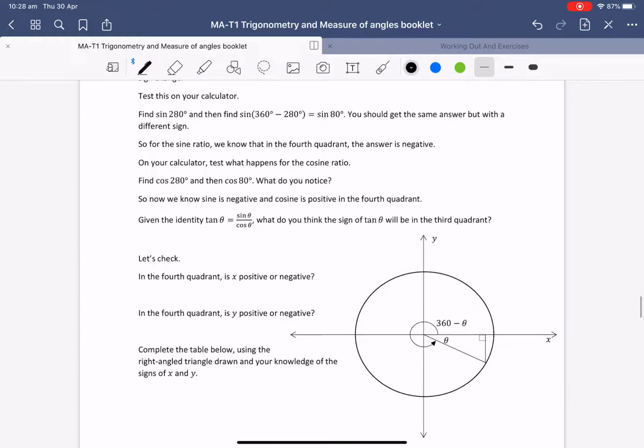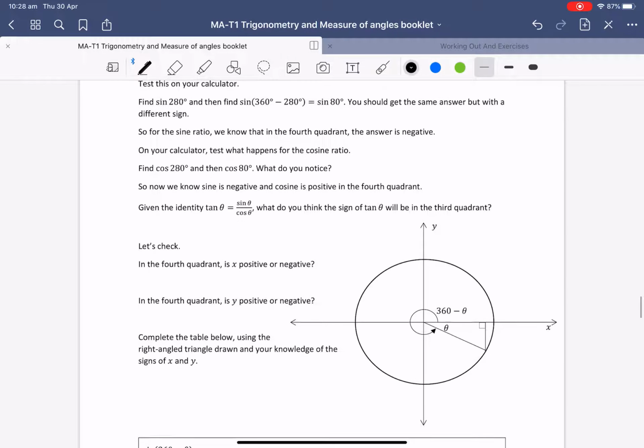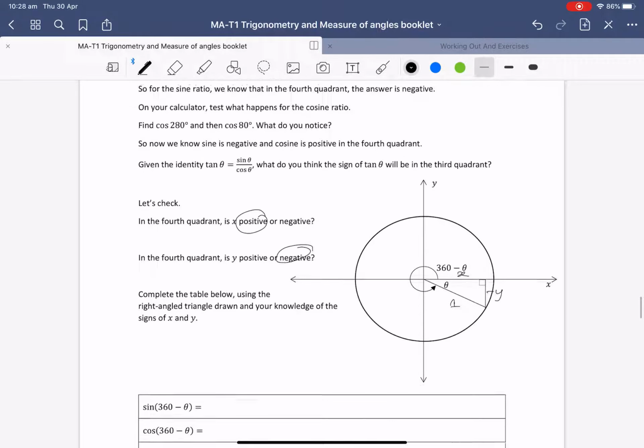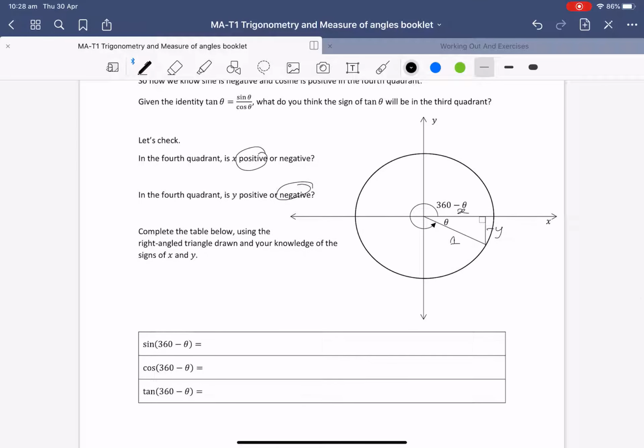And looking at our very last one, it's always the angle between the x-axis and the line. So this will be 360 minus theta. This time x is positive, y is negative. Let's have a look at writing the ratios.